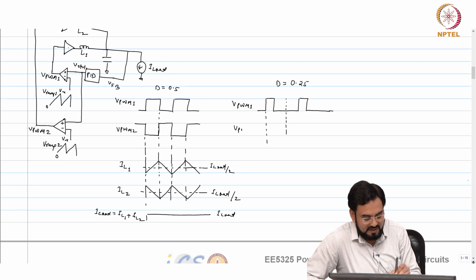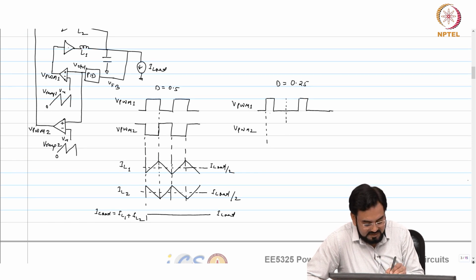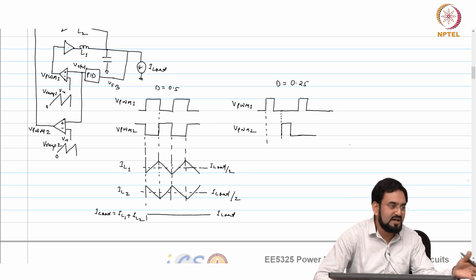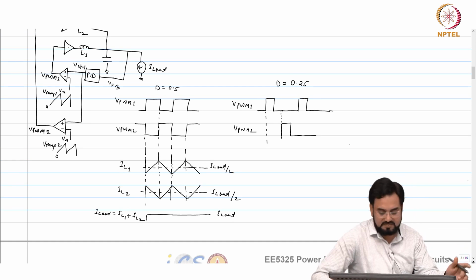And they are 180 out of phase. So this is 1/4 period and this is 3/4. So it should be here. It will be coming exactly at the center, 180 out of phase. It's a half cycle delay between the two.